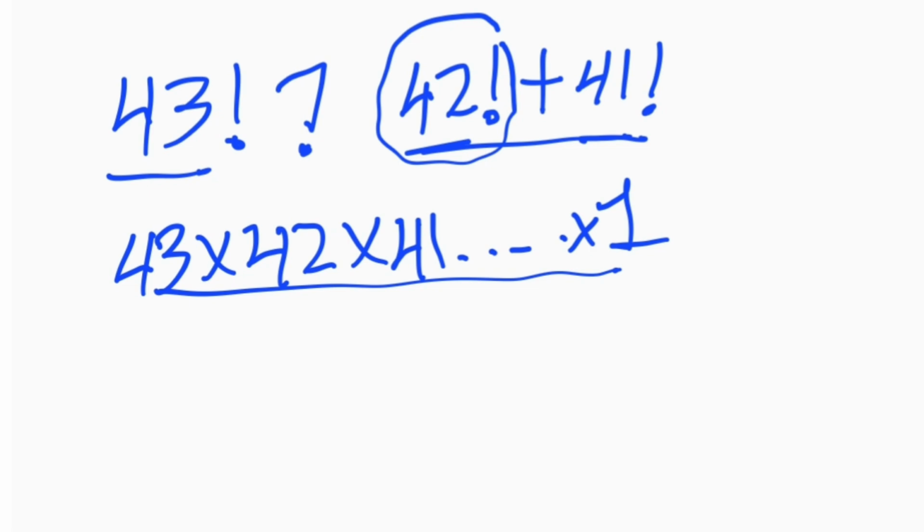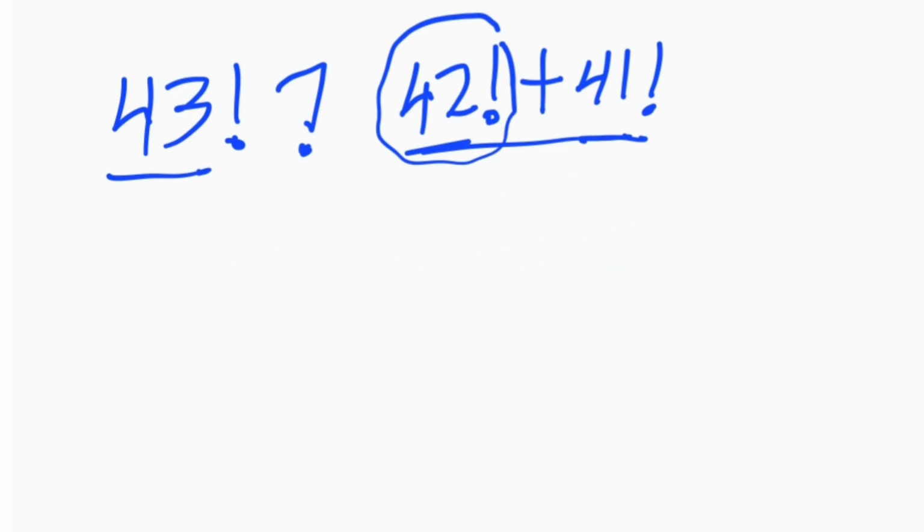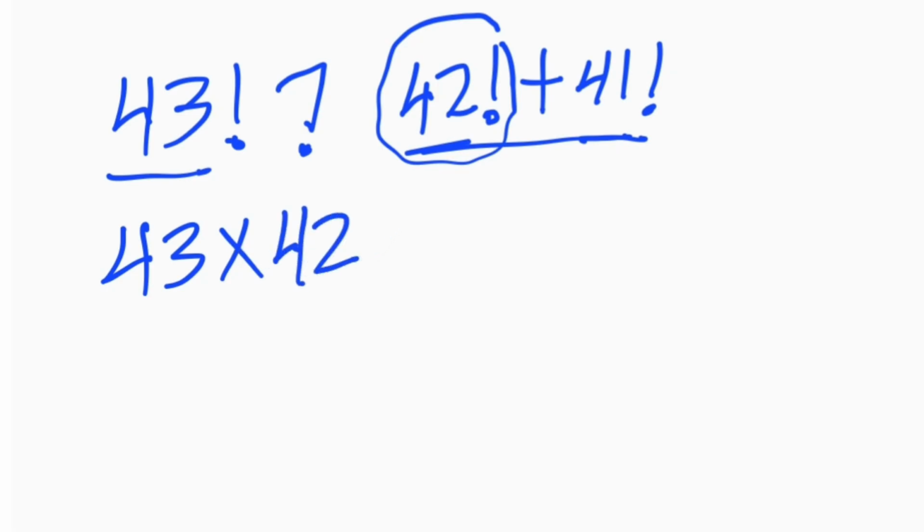To do the sequence method and solve which is greater, first we have to expand the equation. So I'll show you here in a minute what 43 factorial means. Like I said so many times, 43 factorial means 43 times 42 times 41, and so on to 1.